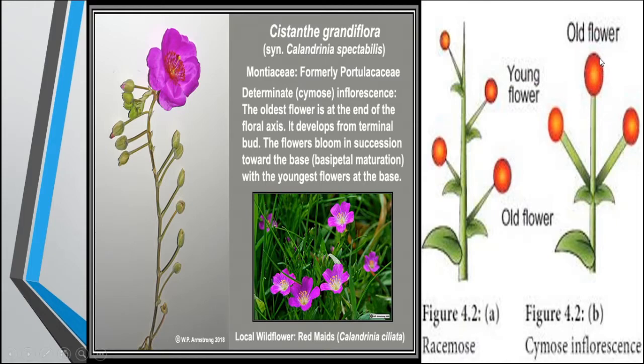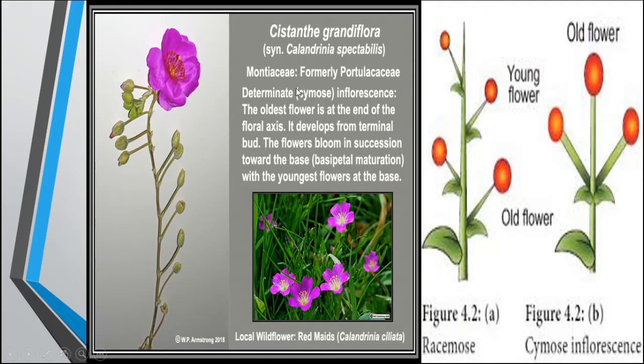So the older flower is present at the top, and further other flowers will grow towards this side, and here the older flowers are present towards the lower side and the younger above. So in this way there are two types of inflorescence.